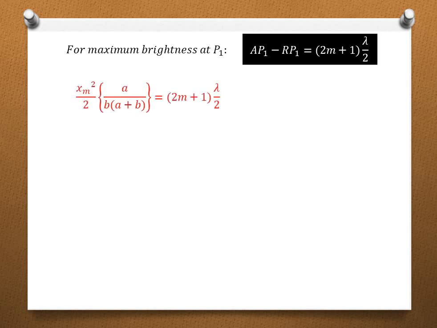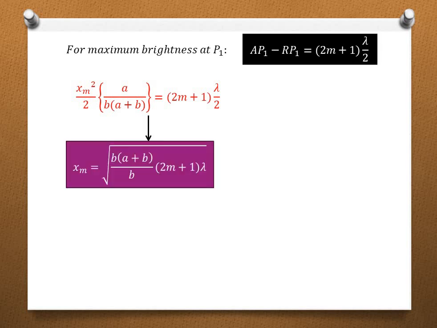If you substitute and solve it out, you will get this. And if you finally solve for xm, this xm is the distance of the mth order maximum, or brightest point, where we have found the maximum brightness.